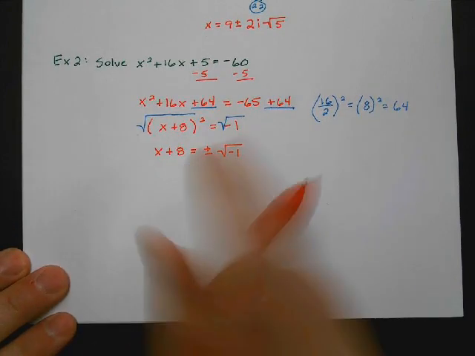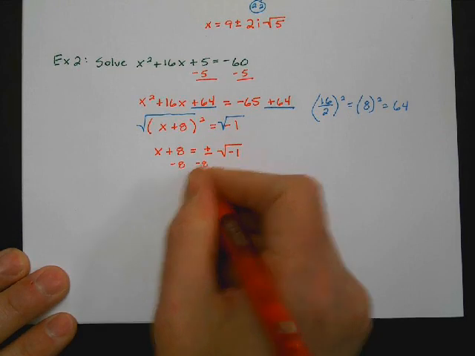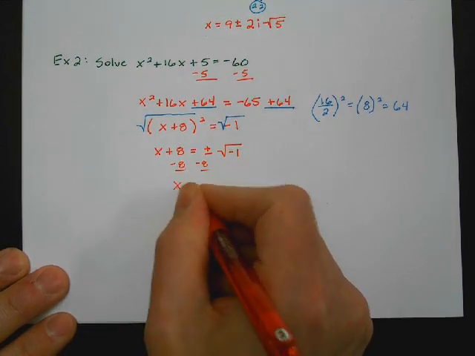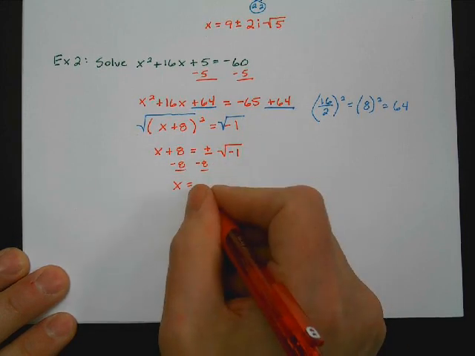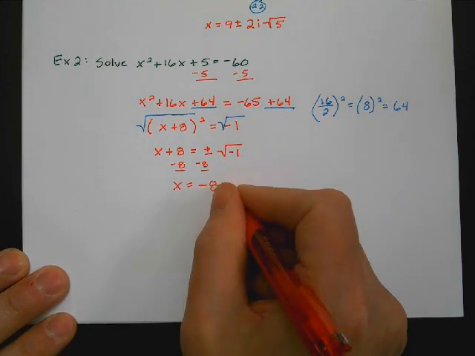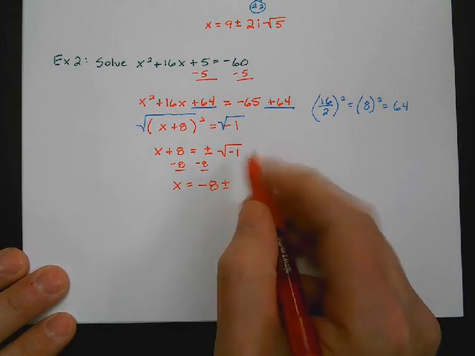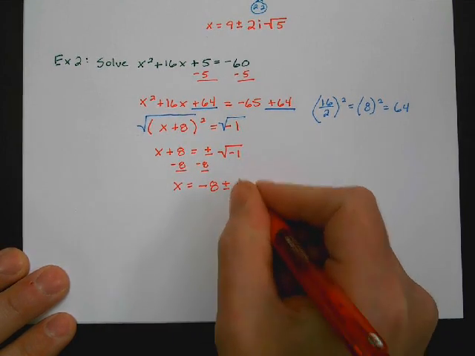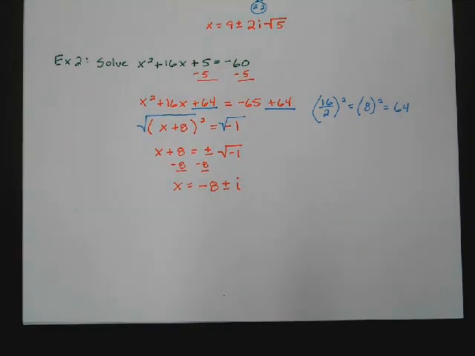Now we're going to subtract 8 from both sides. Put the negative 8 in front of the plus or minus. So we get negative 8 plus or minus, and then the square root of negative 1 is just i. And there's your final answer. I think you're good to go for that homework assignment. That's all. Bye-bye.